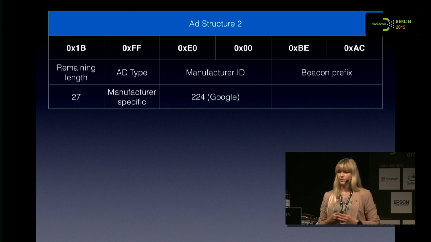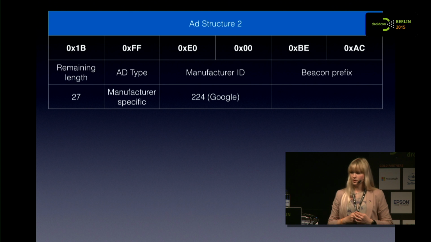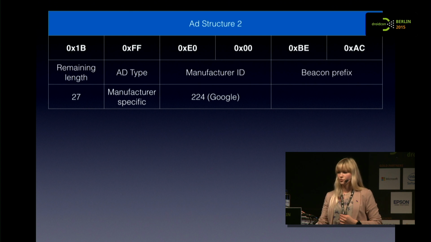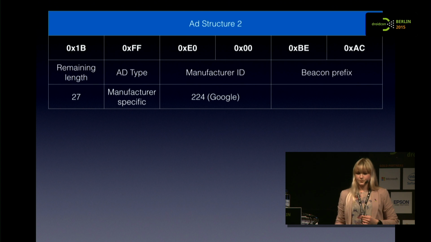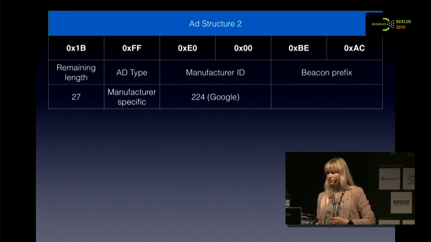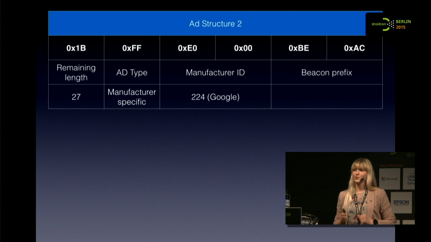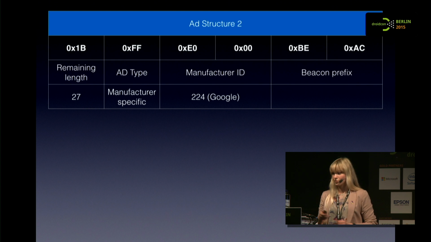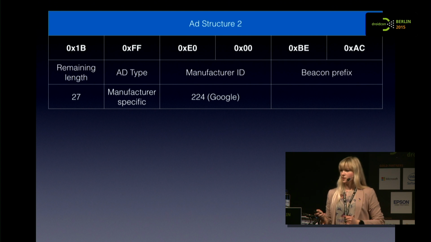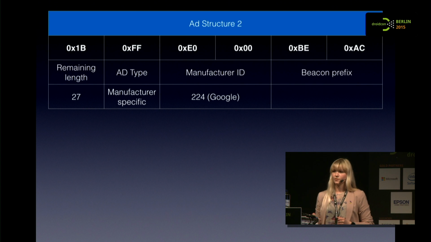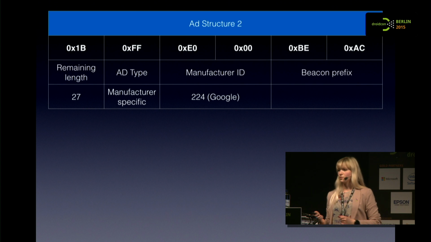And for the manufacturer ID, we can set up values up to 2 bytes, and maybe in the future there will be a much bigger range, because by now not a huge number of companies produce beacons. And also after this part there is a beacon prefix. It's more specific values and information about the beacon.